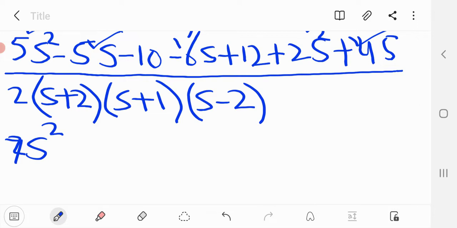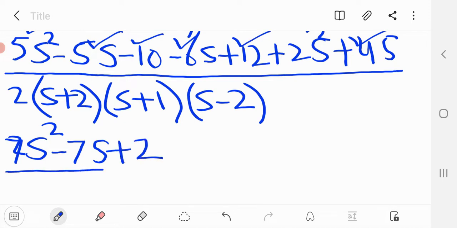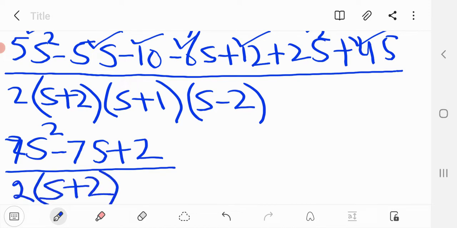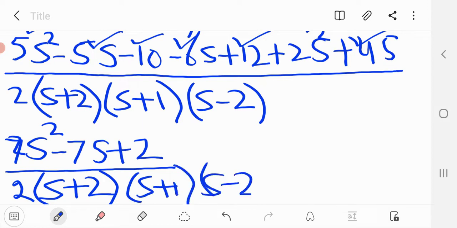Minus 5 and minus 6, it will become minus 11s, but minus 11s plus 4s will become minus 7s. So the remaining terms are only minus 10 and 12. So 12 minus 10 will become 2, divided by, this was the simplified form of the numerator, so in the division write it as it is: 2 into s plus 2 into s plus 1 into s minus 2.